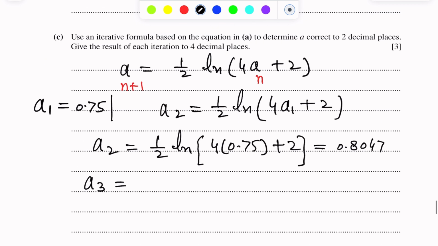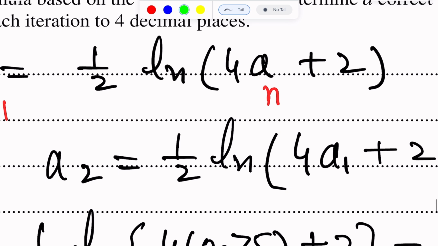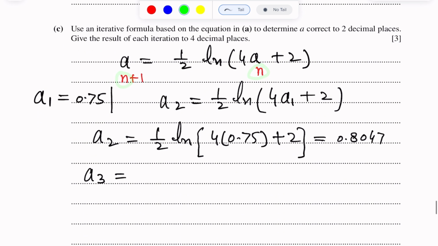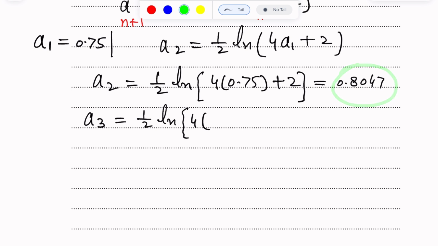For A3, we put n is equal to 2 on both sides. Left side A3, right side 1 over 2 log(4 into the value of A2, which is 0.8047, plus 2).